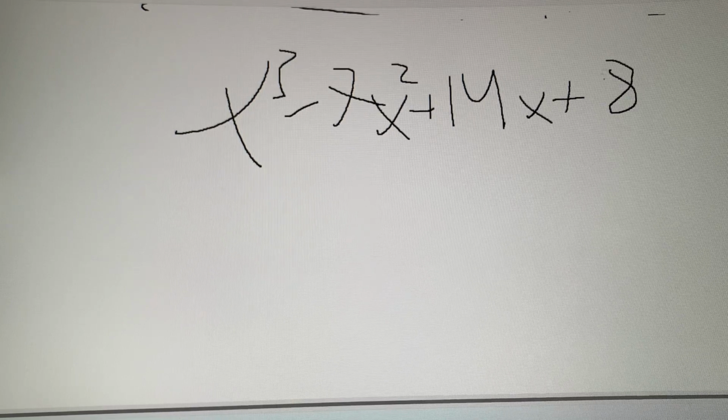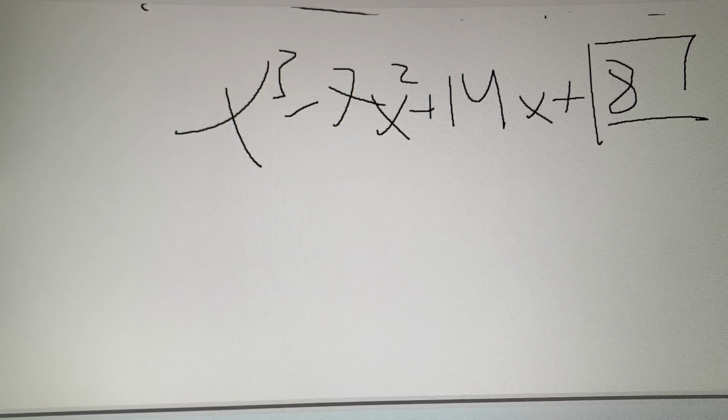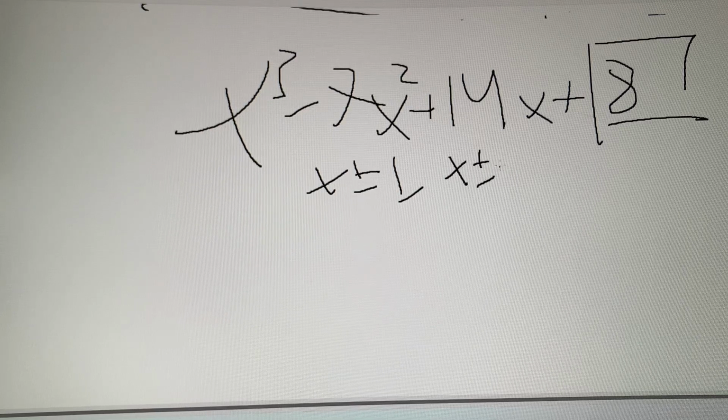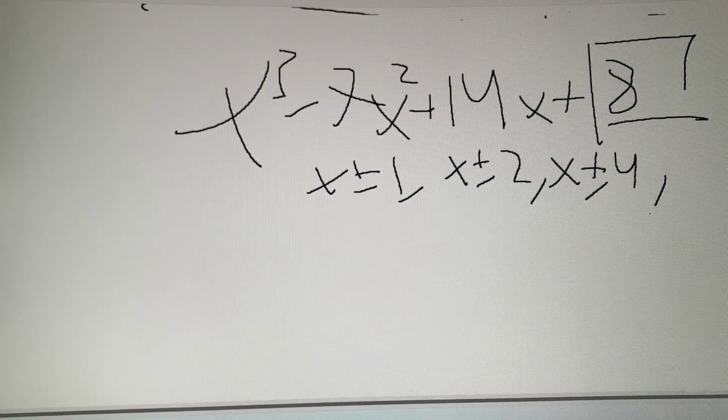What they mean by that is you have to find your own factors, and it's usually going to be factors for this number here, the one that does not have any x attached to it or any type of exponent. So we have to find factors of 8. For 8, we can do x plus or minus 1, x plus or minus 2, x plus or minus 4, and x plus or minus 8.